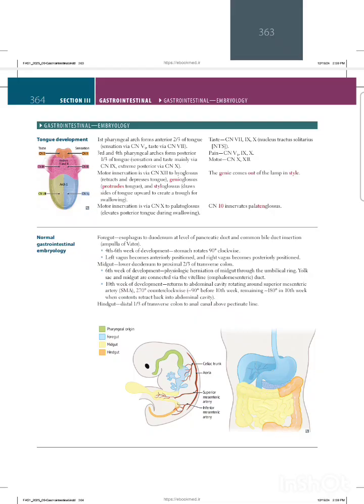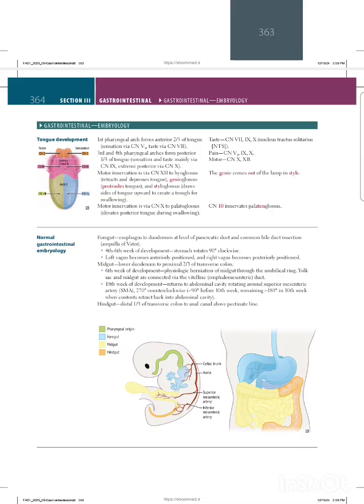Then we have motor innervation for muscles of the tongue. We have hyoglossus, which makes the tongue go down, and genioglossus, which makes protrusion of the tongue, and styloglossus.